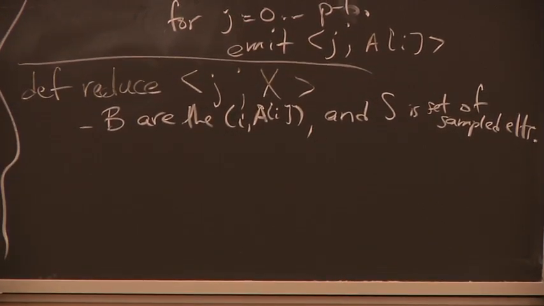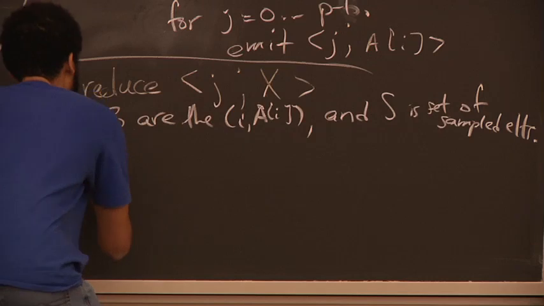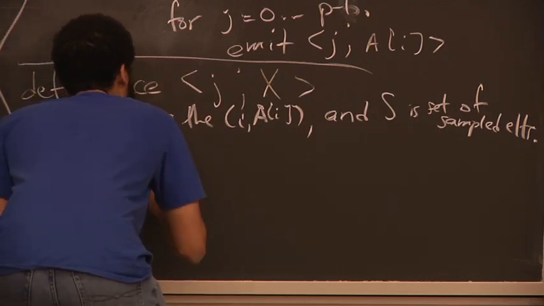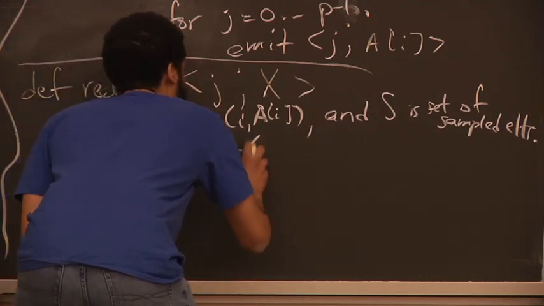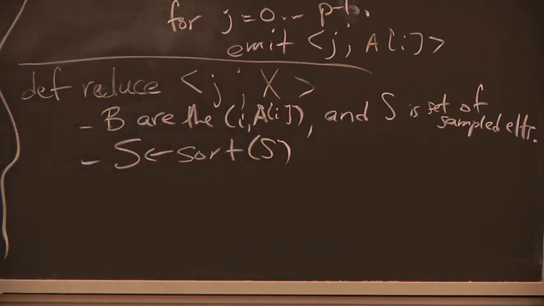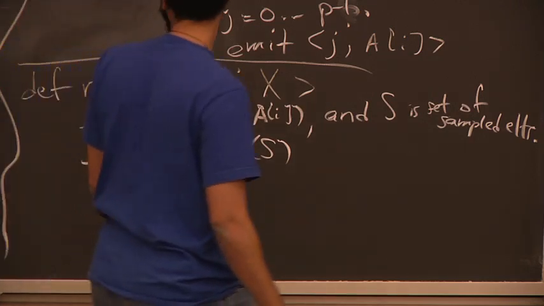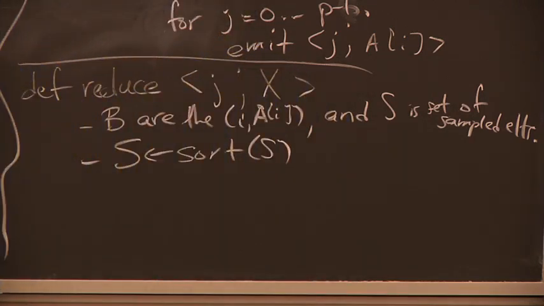So reduce is doing this local computation on x. And then what I'm going to do is set S to be the sorted S. Okay, so what I hope happens, let me write that right here.